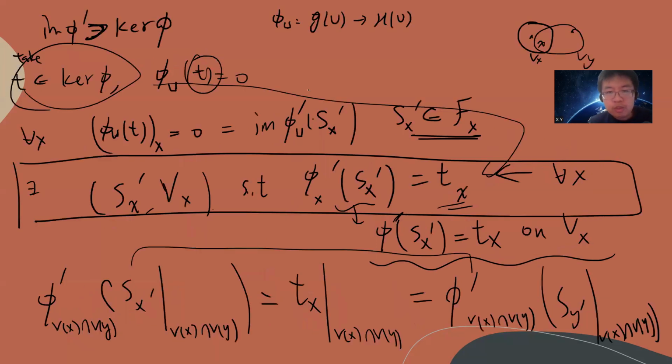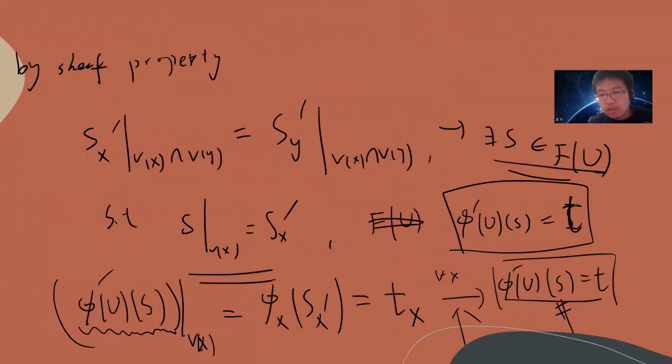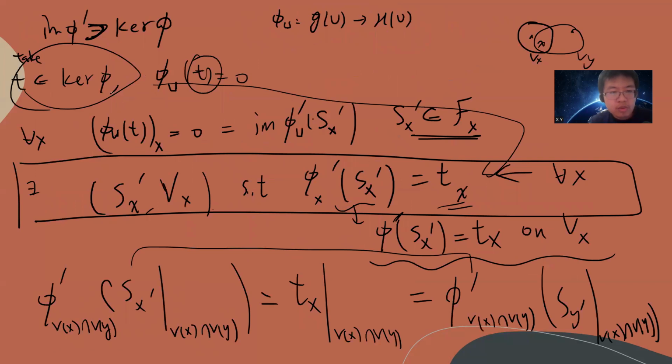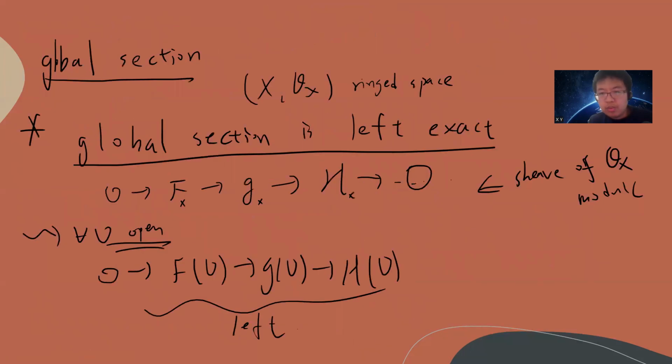The first one is on this part, and then the next is on this part, and the middle one needs the injectivity of phi prime. So we proved that there is an s such that phi prime u of s is the same as t. Okay, so this proves that if t belongs to the kernel, it will become an image of phi prime, which proves the left exactness of the push forward and the global section.